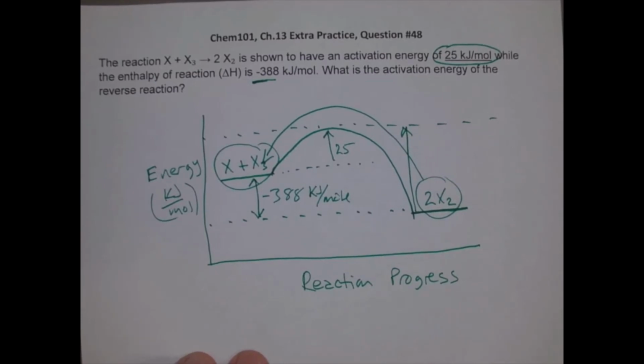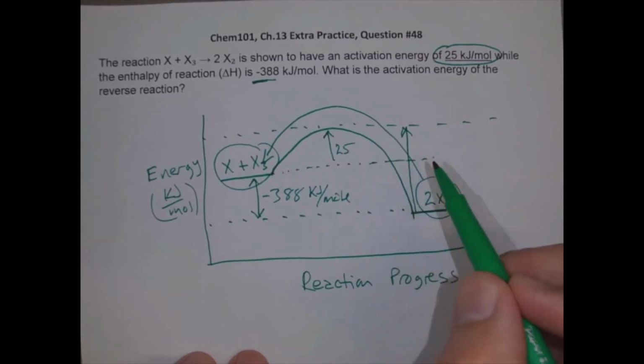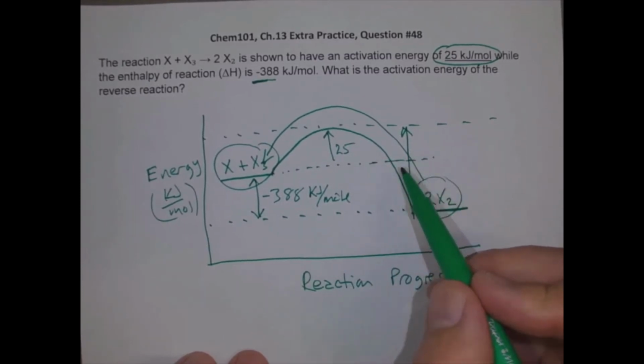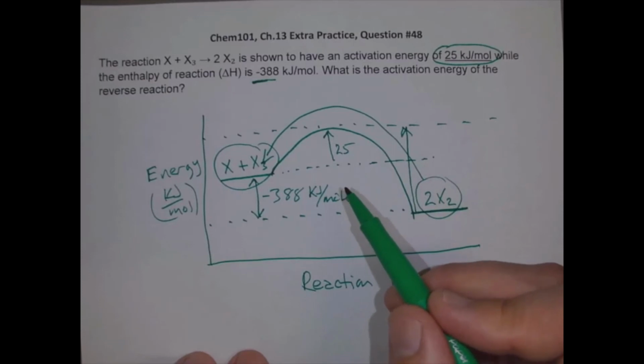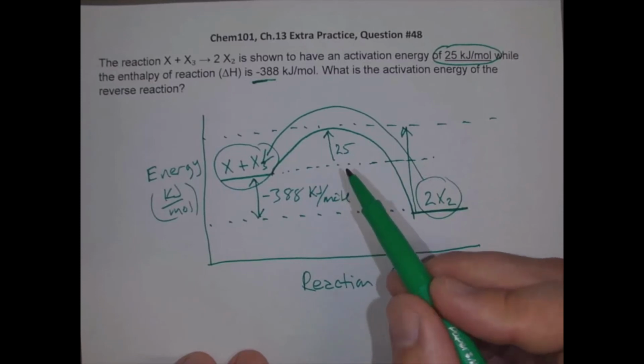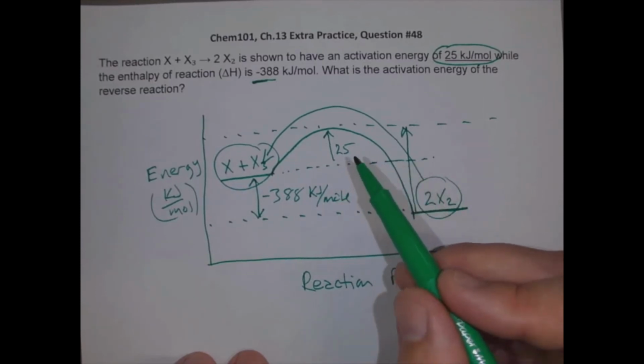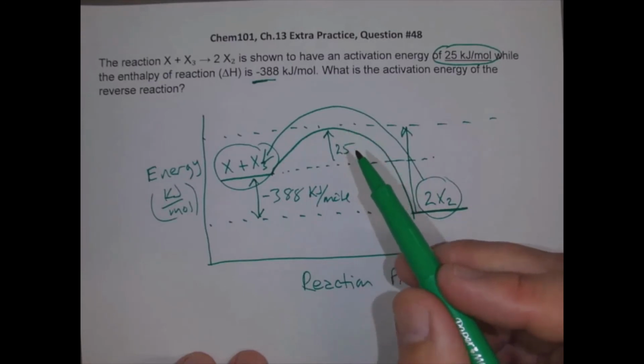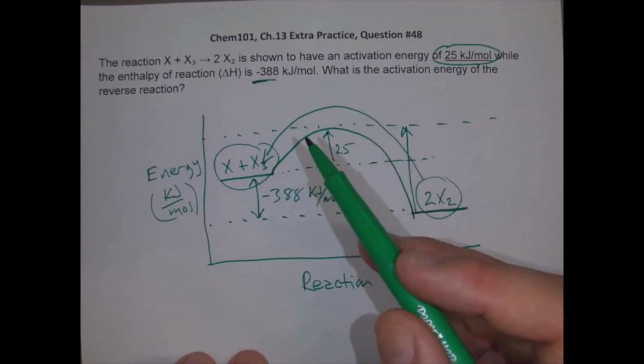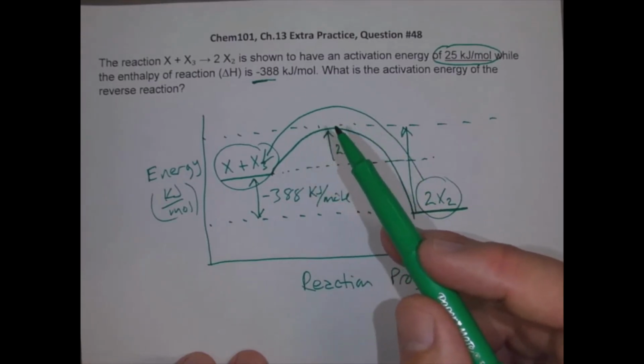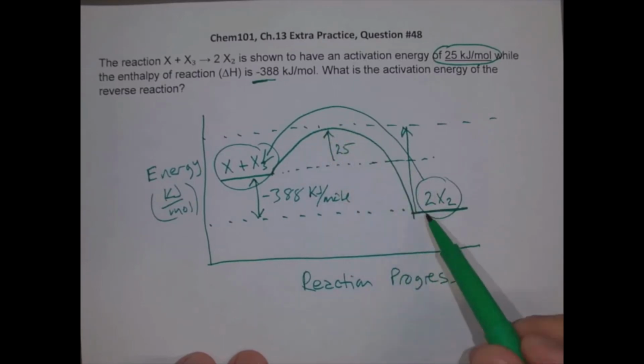Okay? So quantitatively, what is that going to be? Well, in order for it to get just to this dashed line, we know it had to increase by 388 because that difference is 388. But then it had to go another 25 higher in order to overcome that energy barrier right there from the opposite direction.